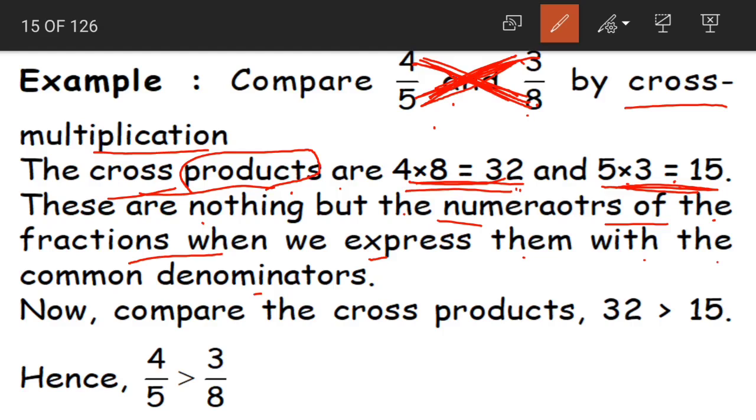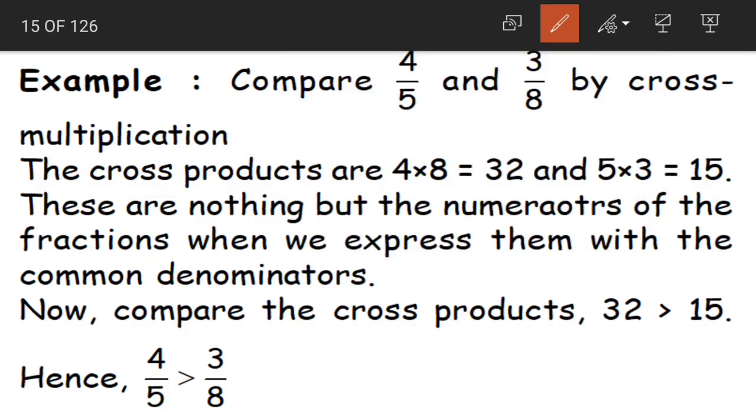Now compare the cross products. These are nothing but numerators expressed with common denominators.